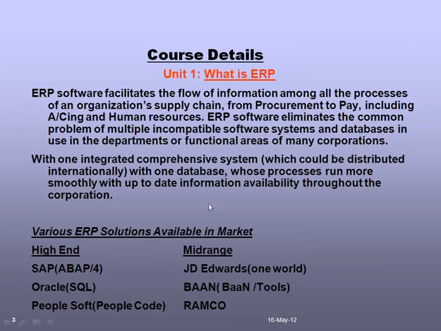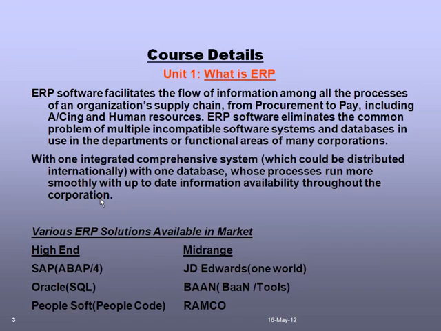So therefore, with one integrated comprehensive system, which could be distributed internationally with one database, processes run more smoothly with up-to-date information available throughout the corporation. That means avoid using one system for vendor management, another system for accounts payable, and one more system for purchasing. Instead, use only one system which is comprehensively integrated across all modules, which can be distributed across geographies, and which contains only one database.